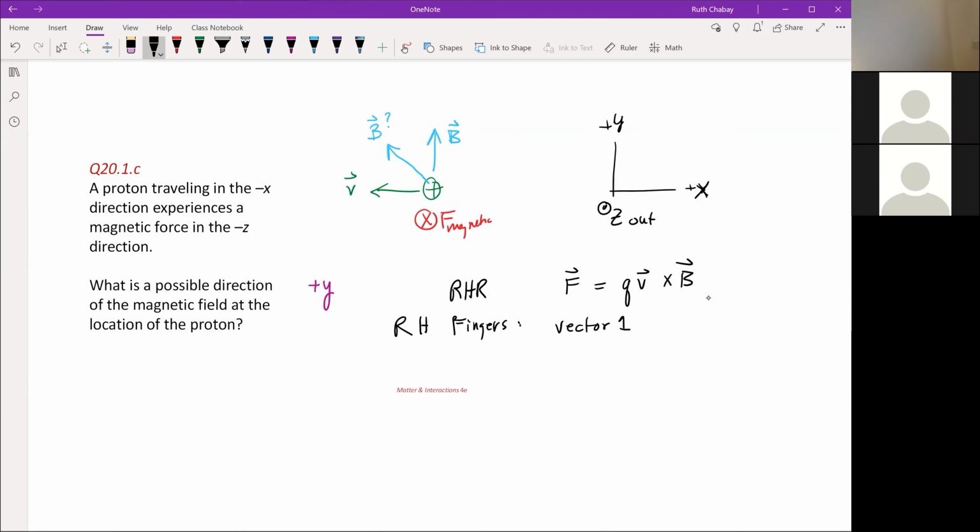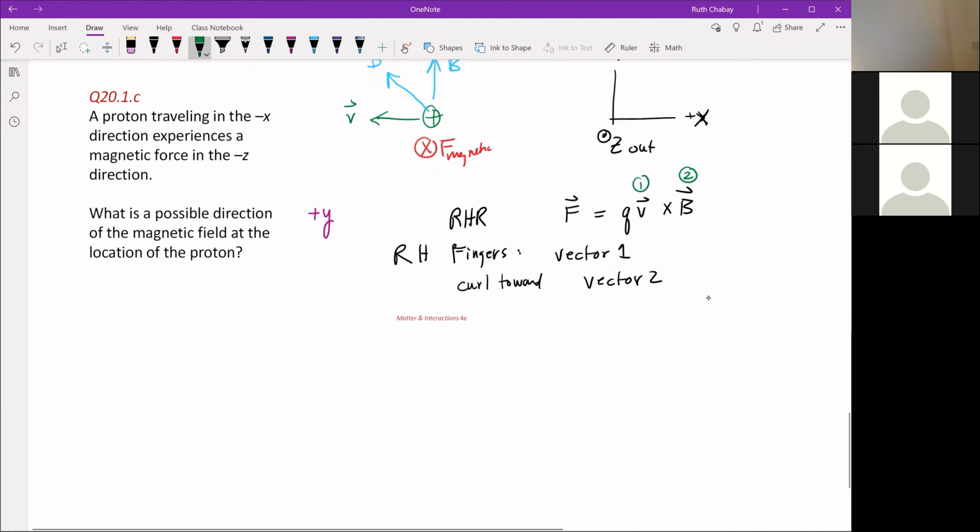And then curl toward vector 2, whatever the second vector in the cross product is. Here, this is the first vector, and that's the second vector. And therefore, our thumb should stick out in the direction of the final answer.